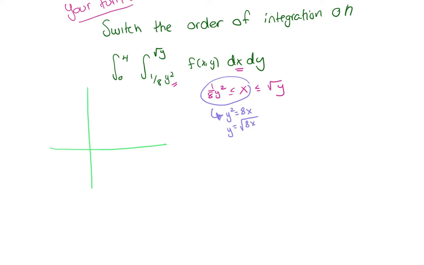So I'm going to get that nice square root function, and it could be either the positive or the negative. Now on the other side here, I get x equals root y, so y is equal to x squared. So I'm going to get that nice parabola there.